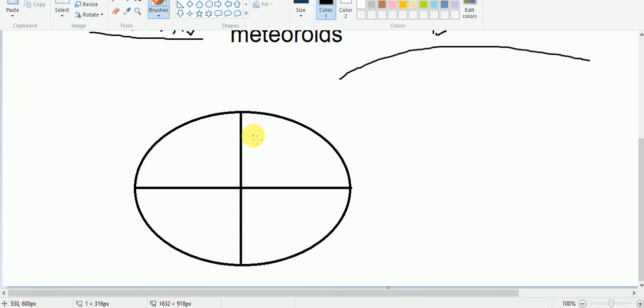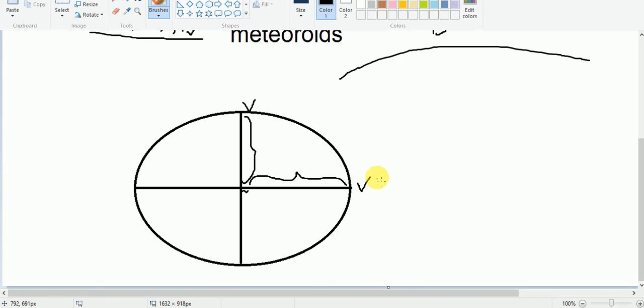And see here, if you compare the distance between the polar area and the center, and the distance between the center and the equator, then this one is greater. When we compare the distance between the equator and the center and the pole, it is greater at the equator, and that is why gravity is less here.